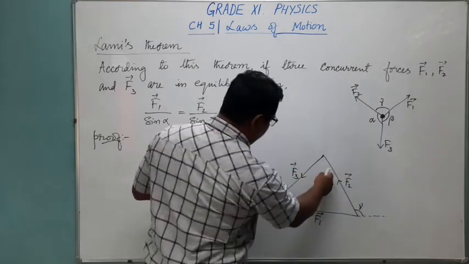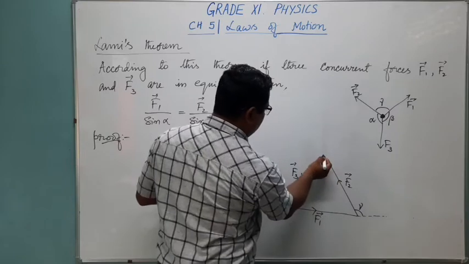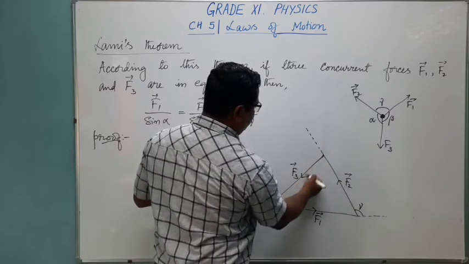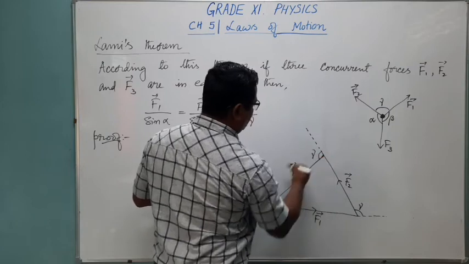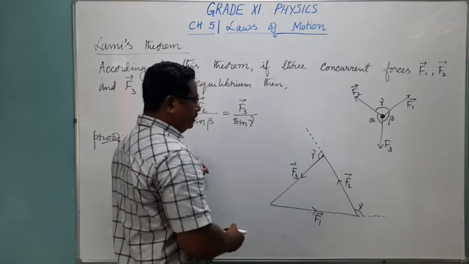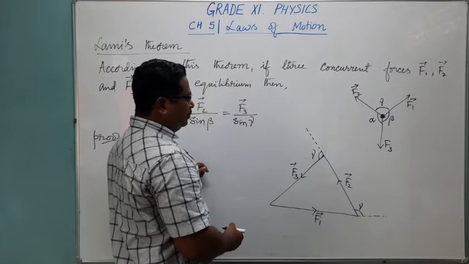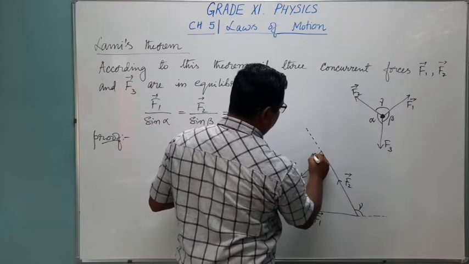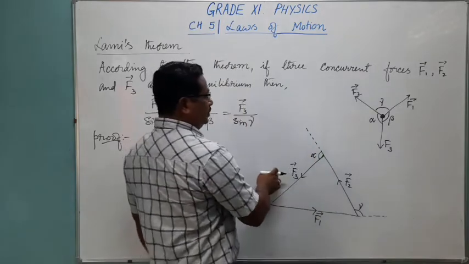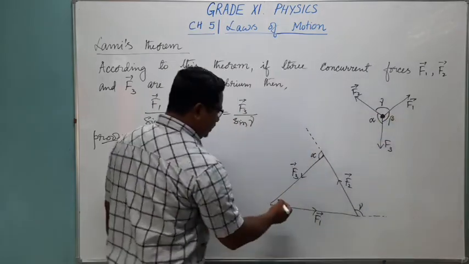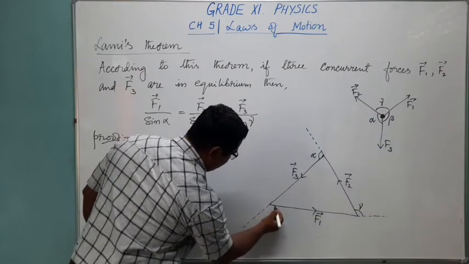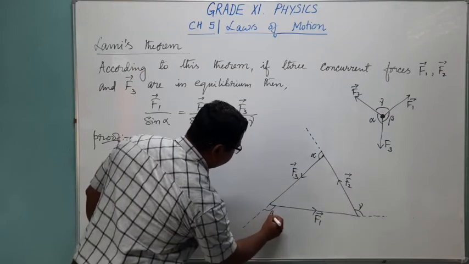I'll extend this one, moving this side F2 and this F3, and then the angle between F2 and F3 is alpha. And the angle between F1 and F3 is beta. F1 is moving this side, so F3 I can extend this way, then I can get beta here.